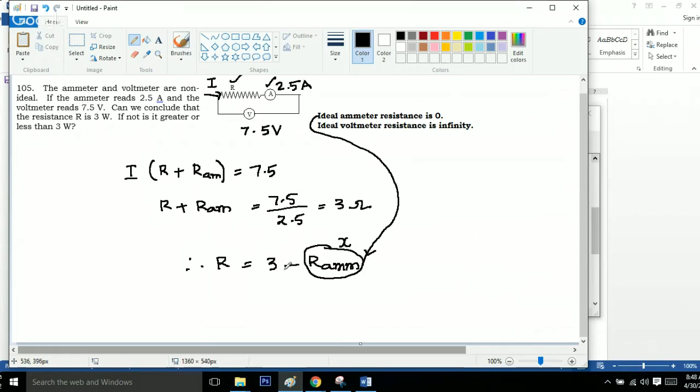When I subtract x from 3, definitely this value will be less than 3 ohm. I don't know whether you are able to follow. Ragini? Yes, sir. It is less than 3 ohm because you are subtracting something. Resistance of ammeter is having some value. It is 0 if it is ideal.